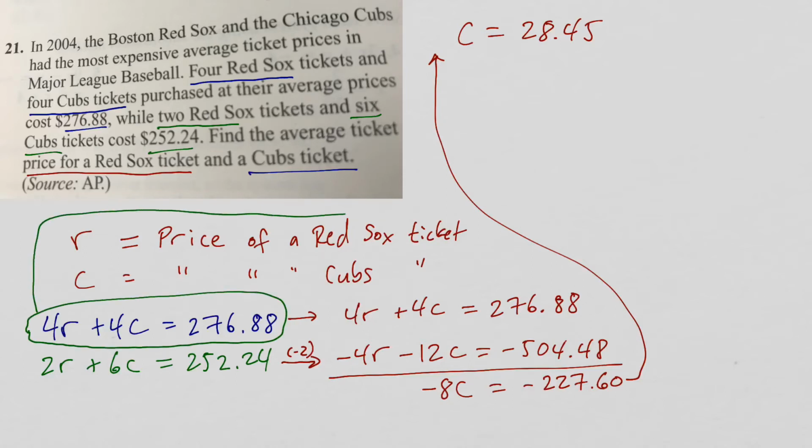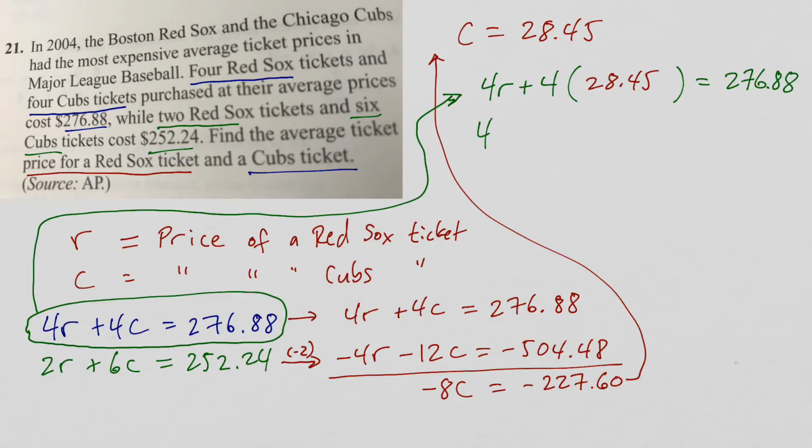I'll bring that up here. And I'll say 4r plus 4c equals 276.88. And my c is 28.45.